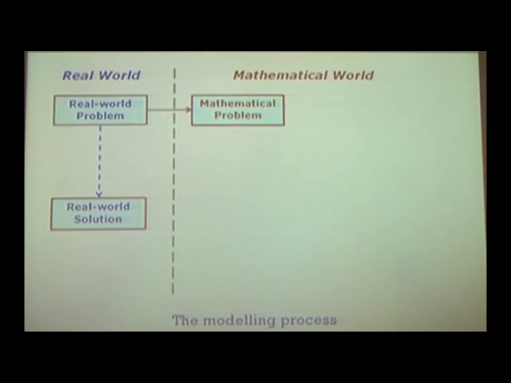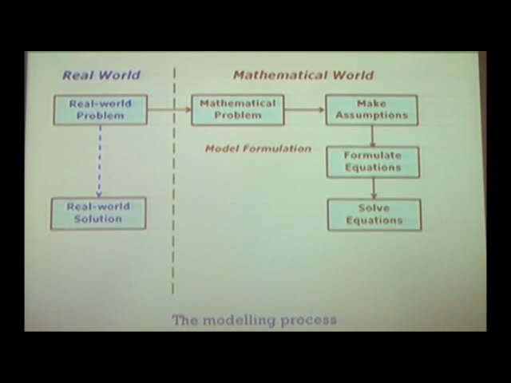So in mathematical modeling, we try to bring the real-world problem into the mathematical world by constructing a mathematical problem out of the real-world problem. In the formulation of the model, we very often need to simplify things a little bit, make some assumptions, and then formulate some equations, and hopefully we are able to solve the equations.